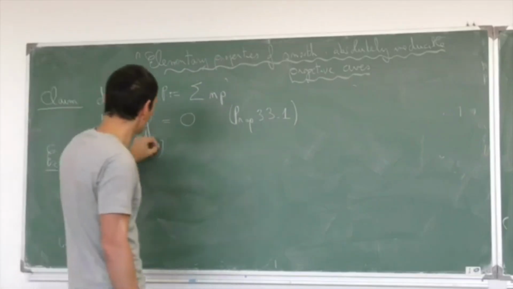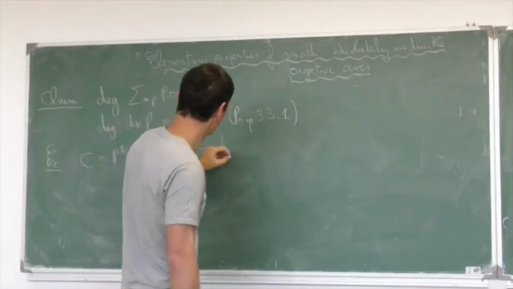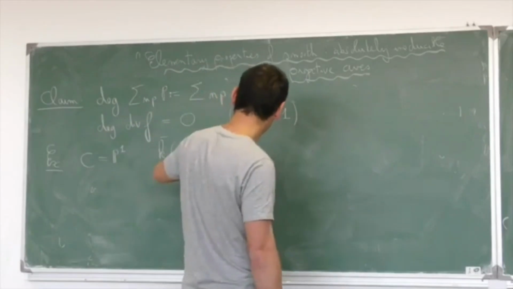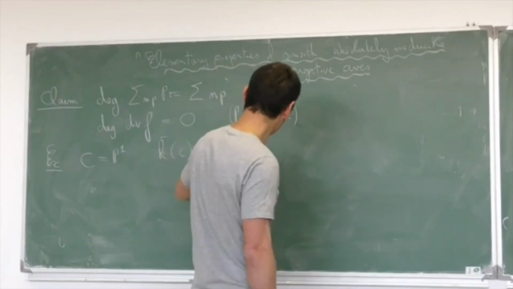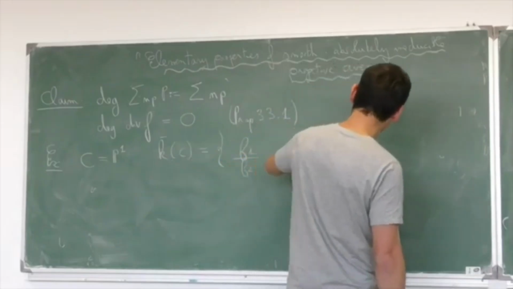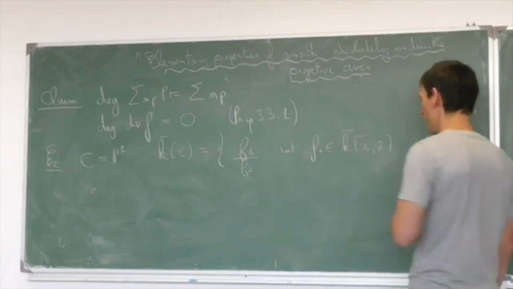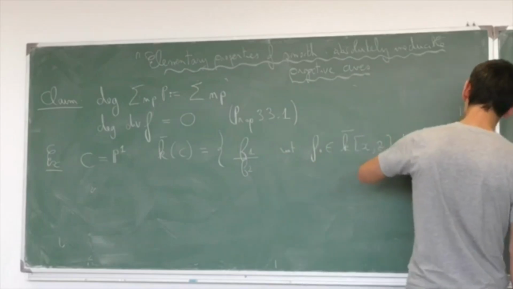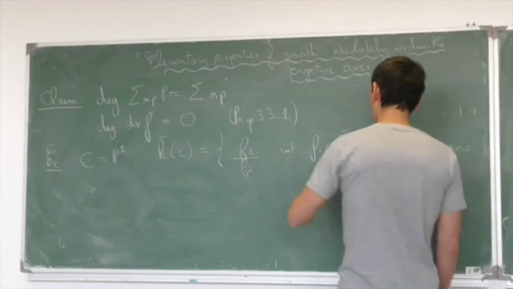The functions are the quotients, the F that I can write as F1 over F2, with the Fi inside k bar of x, z, homogeneous of the same degree.